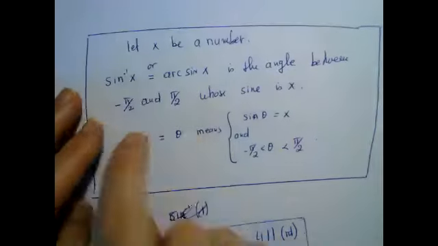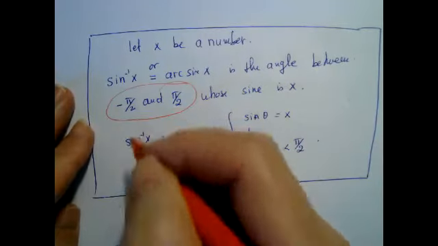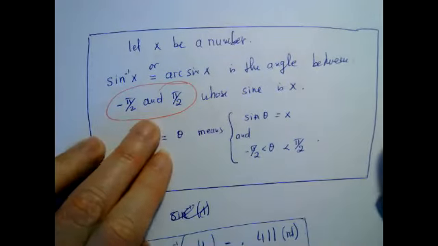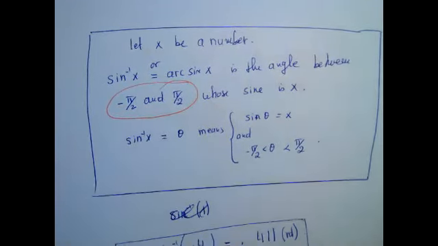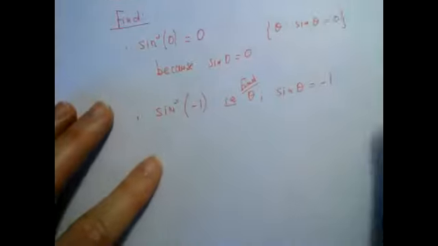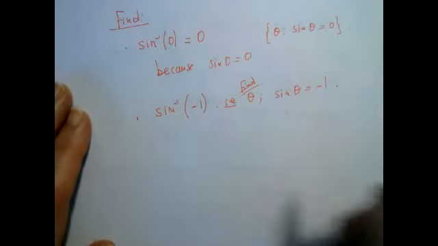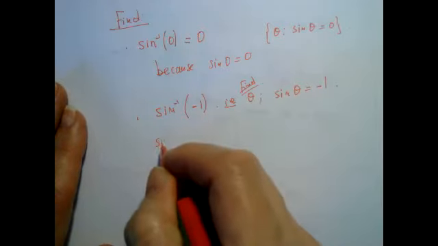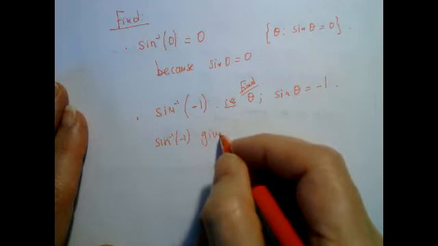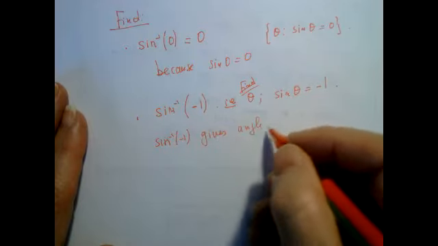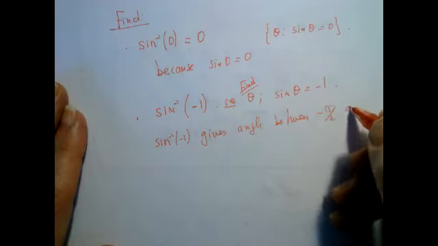Let me take you back. The sine inverse will give me the angle between minus pi over 2 and pi over 2. It does not give me all the angles. It gives me the one between minus pi over 2 and pi over 2. So sine inverse of -1 gives the angle between minus pi over 2 and pi over 2.